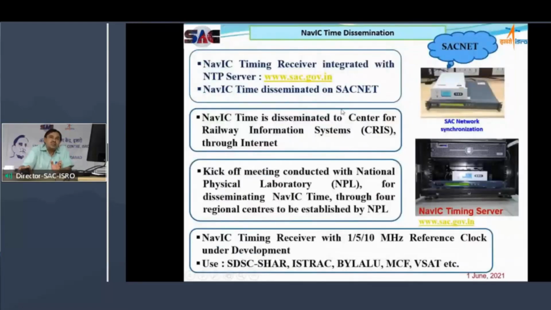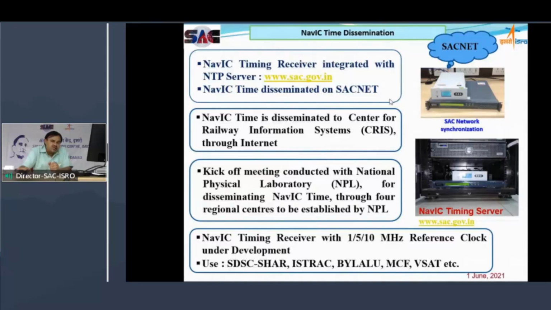We are now disseminating our timing information through our NTP server. So you can also synchronize your home computer or your laptop with the centralized timing of our NAVIC. You can log on to www.sac.gov.in and synchronize the NAVIC timing to your computer, because generally it is advisable for all your ATMs, since when an ATM transaction happens, the timing gets recorded.